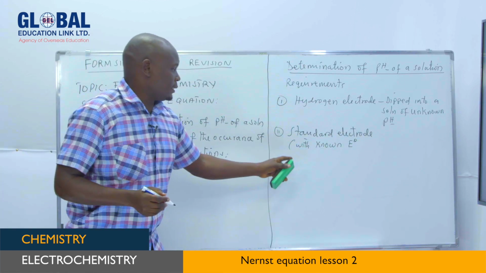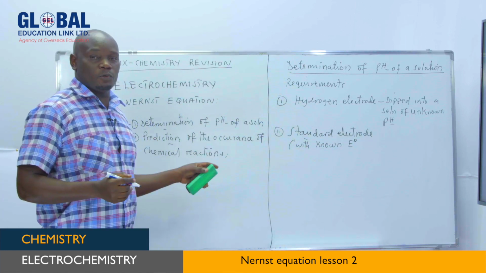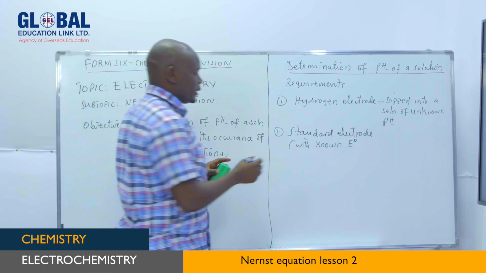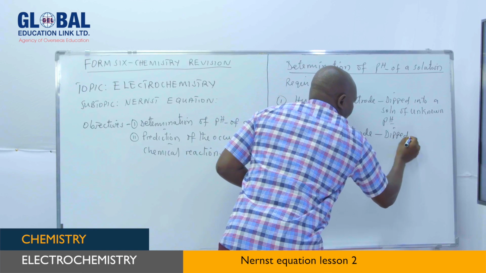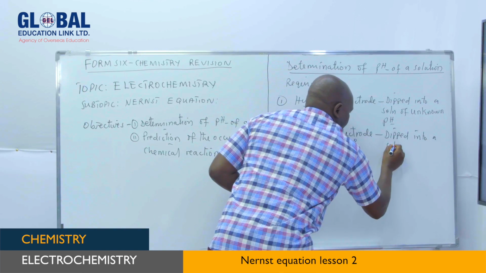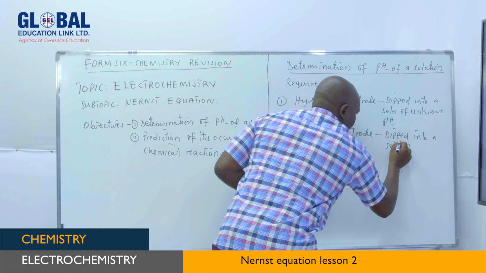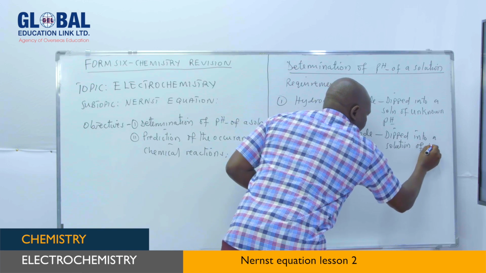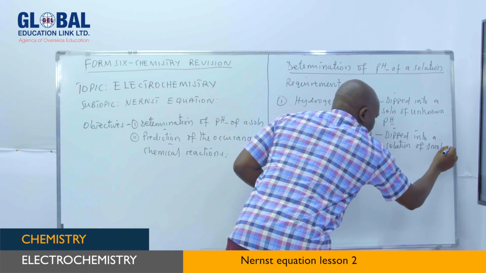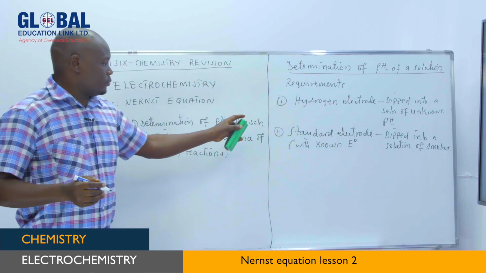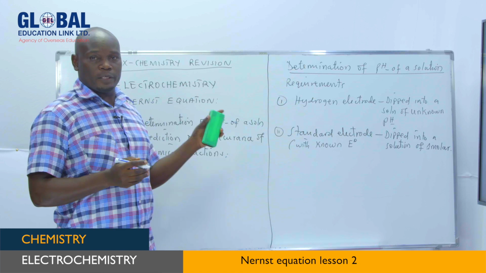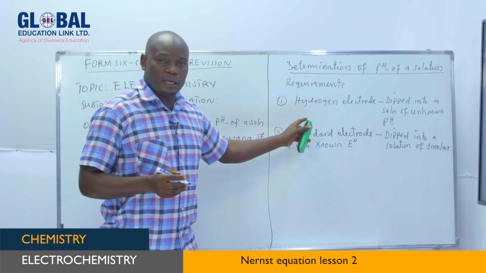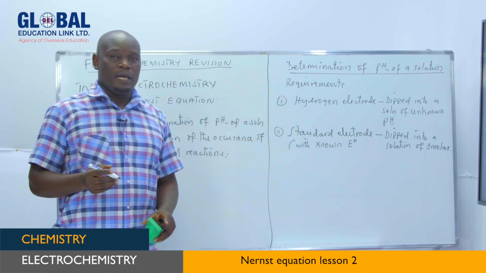And this standard electrode must be dipped into a solution of 1 molar concentration. So these are the two main requirements when you want to determine the pH of a solution: the hydrogen electrode and the standard electrode.